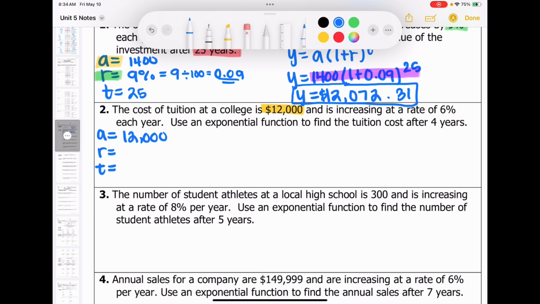So that's our initial amount. Our rate is our percentage, which is 6%. But I'm going to turn that into a decimal. So I'm going to do 6 divided by 100, which gives me 0.06. And then time is 4 years.